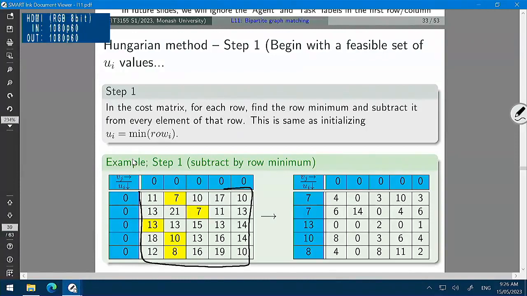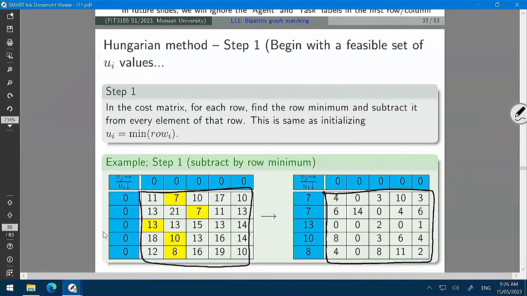So this is one universe. UIs and VJs are in a parallel universe. They are working in tandem. So long as the reduced cost matrix values plus Ui plus Vj give Cij, that constraint is being maintained.